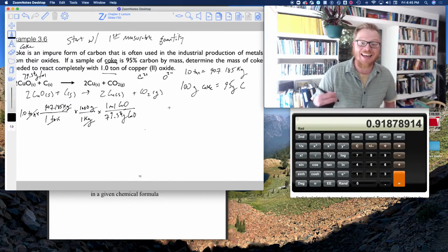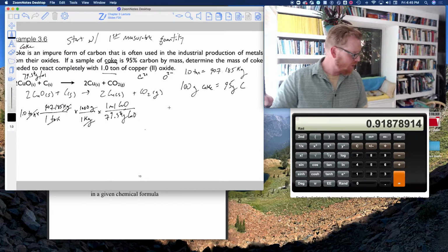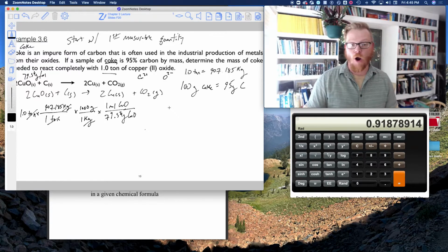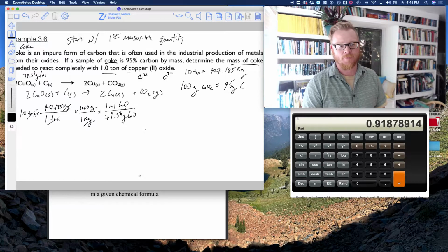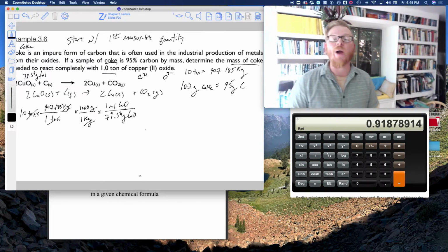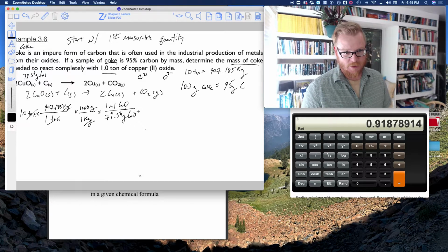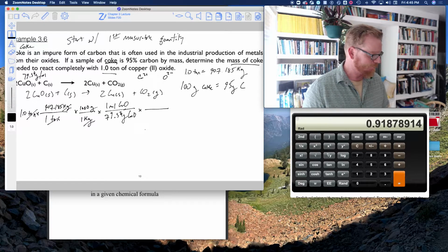Okay? And now I can compare moles of copper 2 oxide to moles of carbon because it's asking me to determine the mass of coke needed to react with copper 2 oxide. I don't have coke in my chemical formula, but I do have carbon. So I can use that for my reaction. I can say, look here, right, go down.